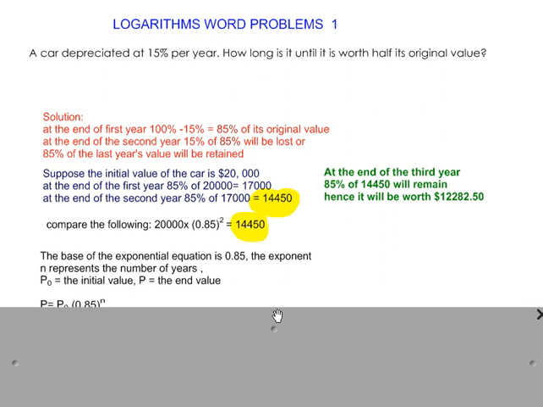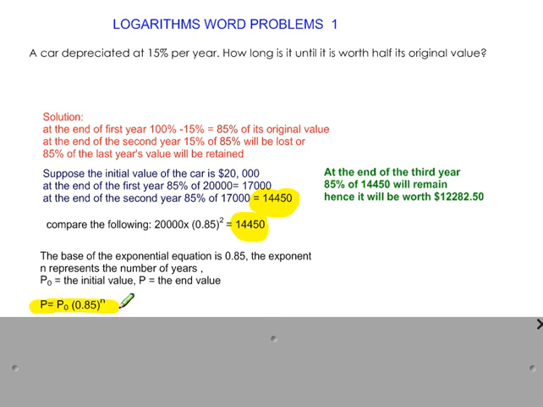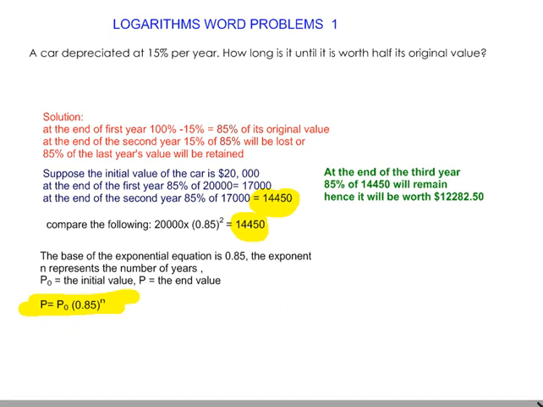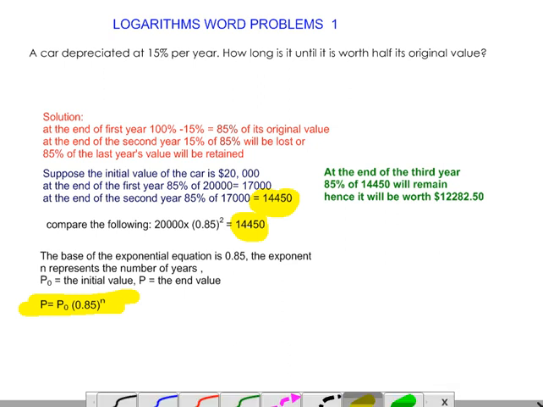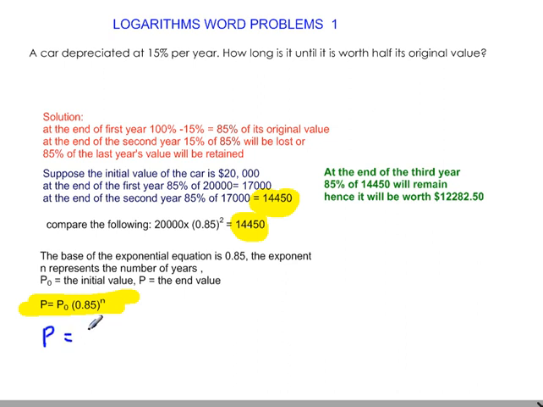So the equation right here will be defined as follows. P0 is the original value, 0.85 is the base, n represents the number of years, and P is the end price of the car. So since our car is dropping by 50%, we can definitely say that P is equal to half of P0.